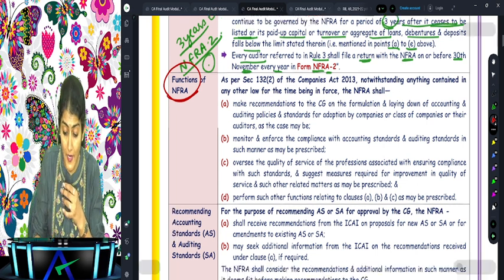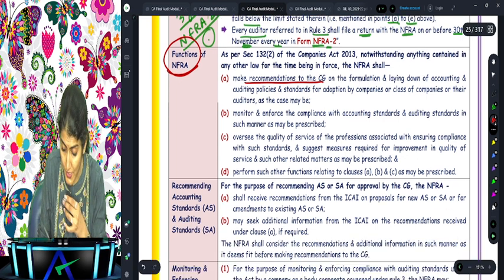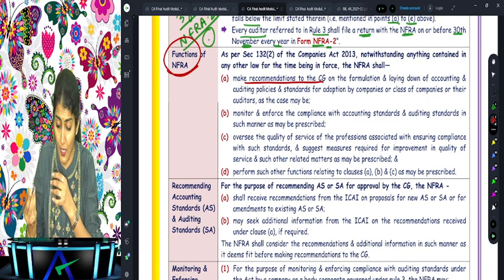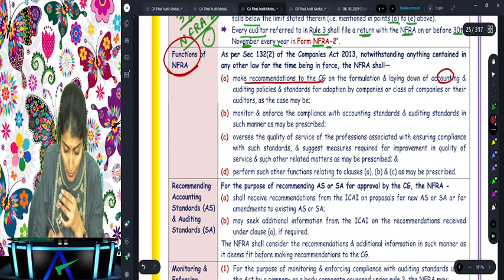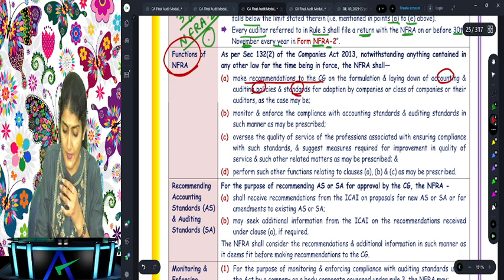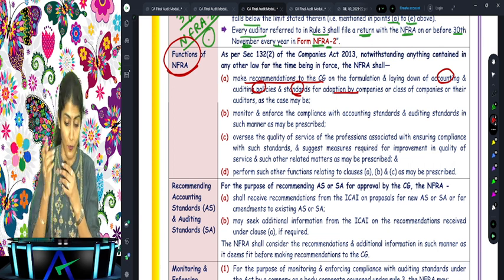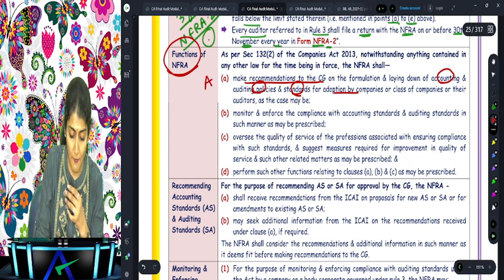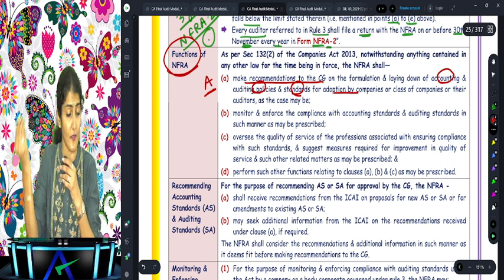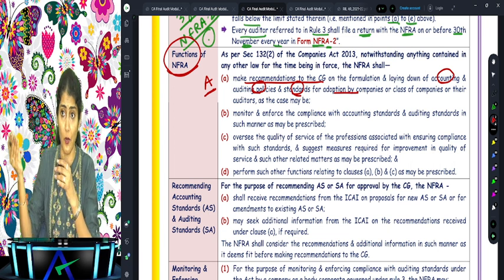So make recommendations to the CG on the formulation and laying down of accounting and auditing policies and standards for adoption by companies or classes of companies. So what is one function of the NFRA? Make recommendations to the CG regarding the accounting and auditing standards.